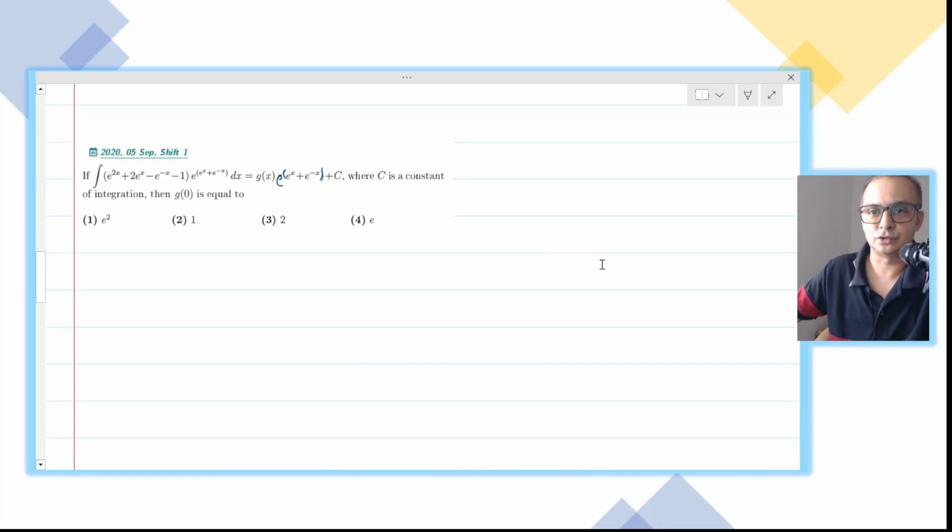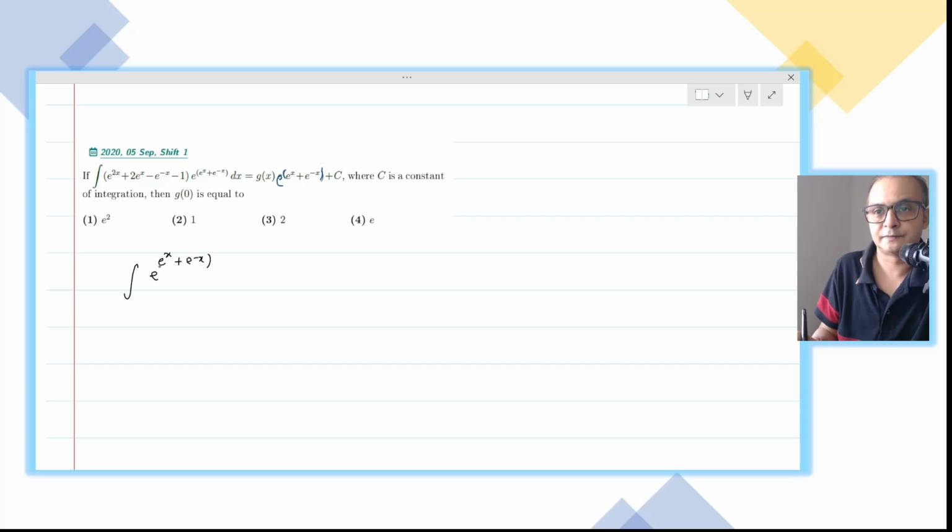Let's now go to our main question from where we started. So see, in this particular question, I have e to the power x plus e to the power minus x.